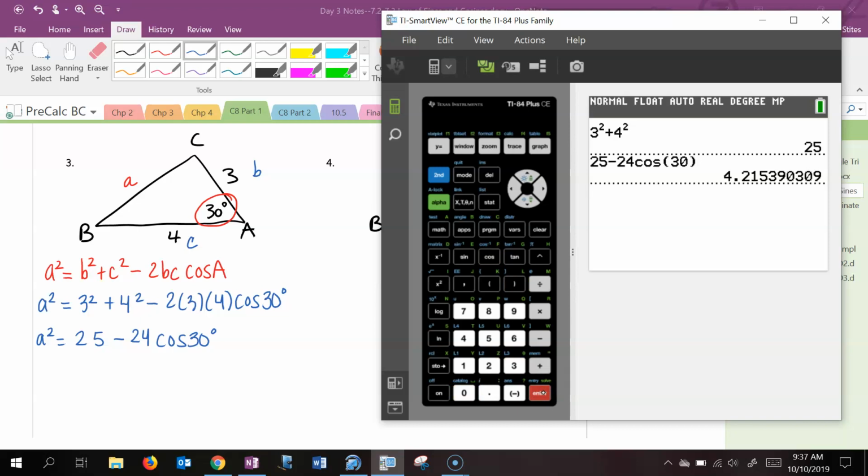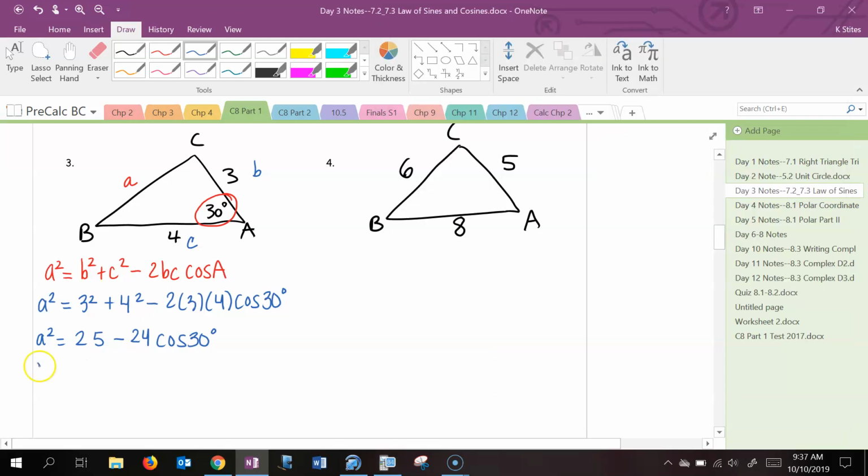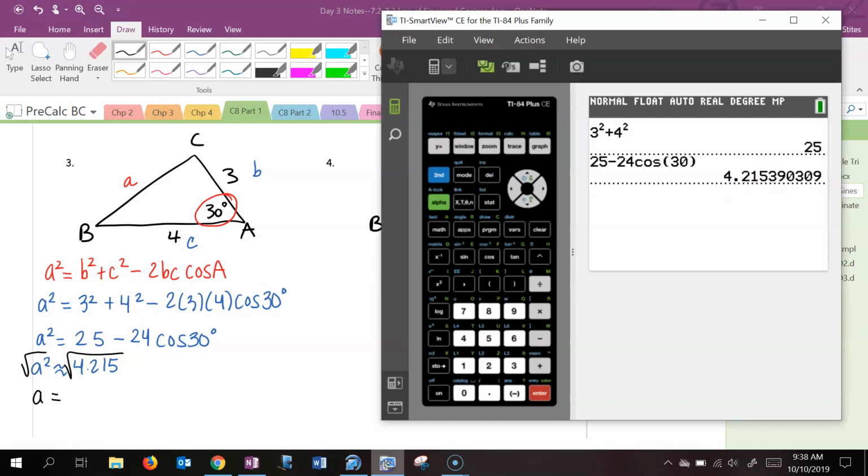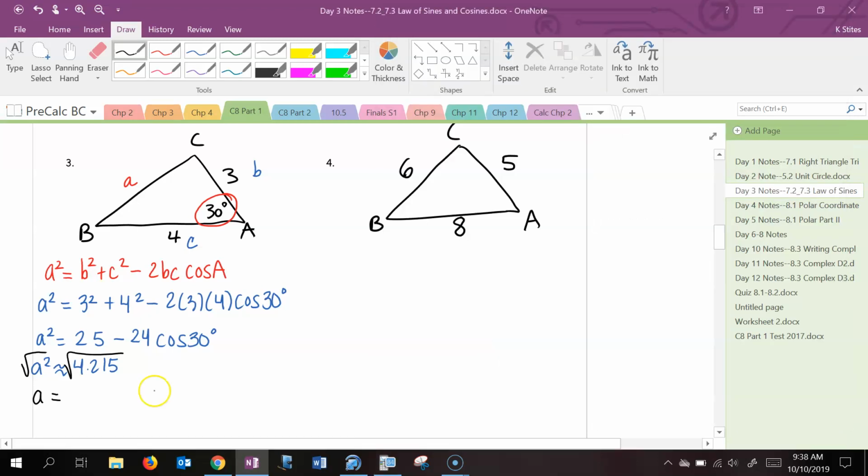So 4.215, but please note that's what a squared is. So we will have to square root both sides. So you should get a 2.053.